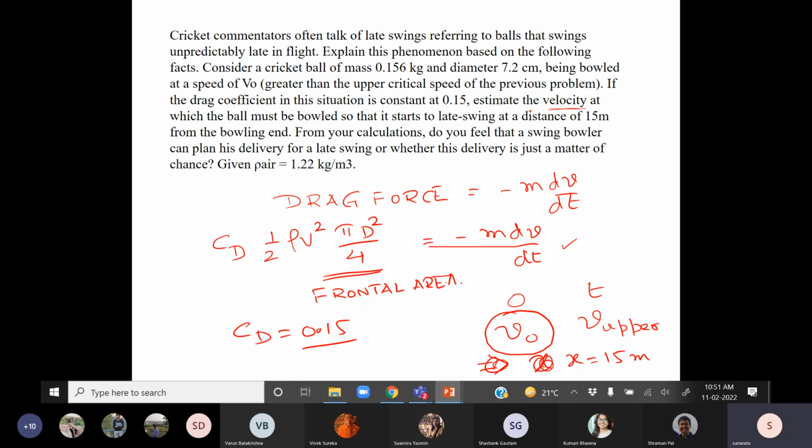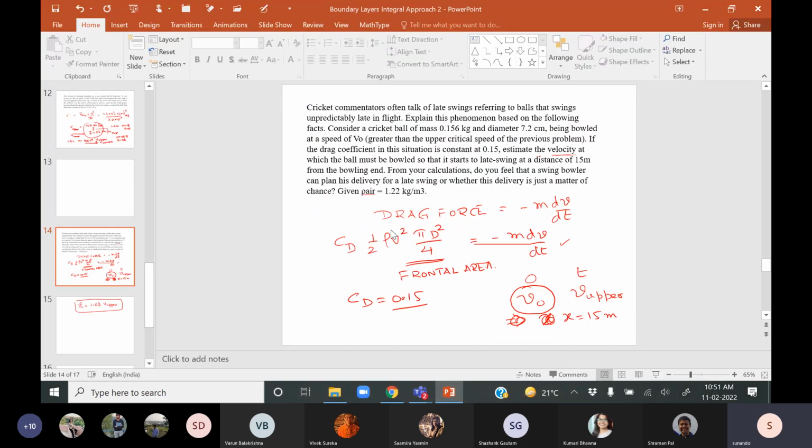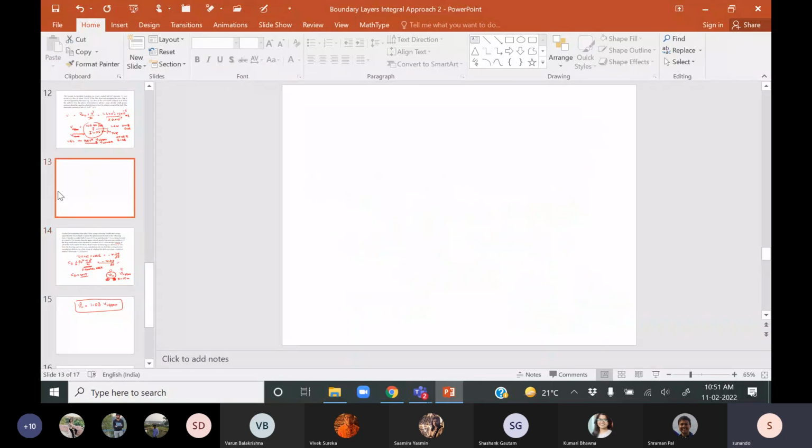I thought that this would be a very interesting problem to end our discussion on boundary layers, many facets of which I did not touch upon, but these are the basic fundamental things that one should know as a part of the transport phenomena course. So if any other question that you may have?